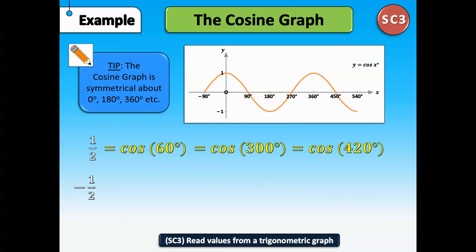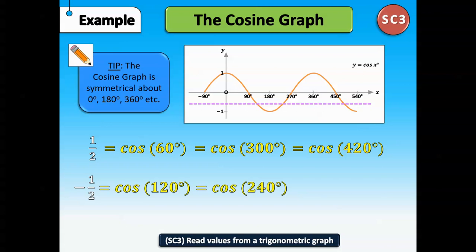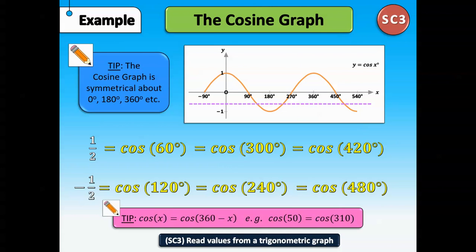And if we look at the line y equals minus a half, we can see it passes through cos 120, cos 240, and cos 480. That means that cos x equals cos 360 minus x. So for example, cos 50 will be the same as cos 310.